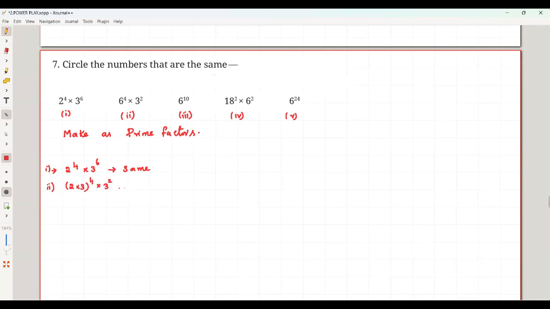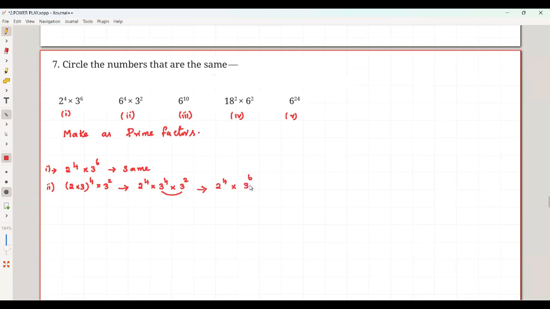Now we can just explain this. 4 is common for both. That means 2 power 4 into 3 power 4, and the balance again into 3 power 2. Now just simplify this. Here both are having the same base, so keep the same base and add: 3 power 4 plus 2 is what? 6.